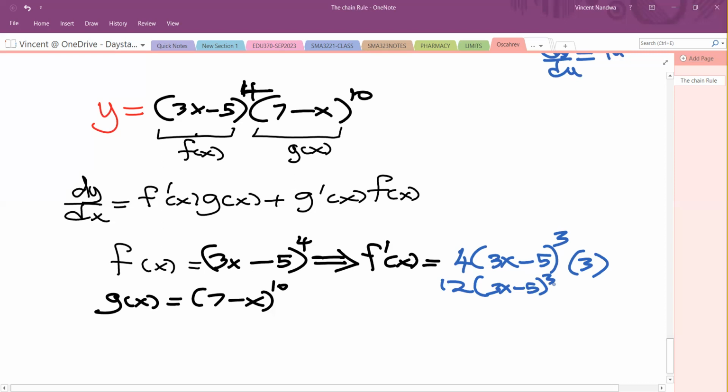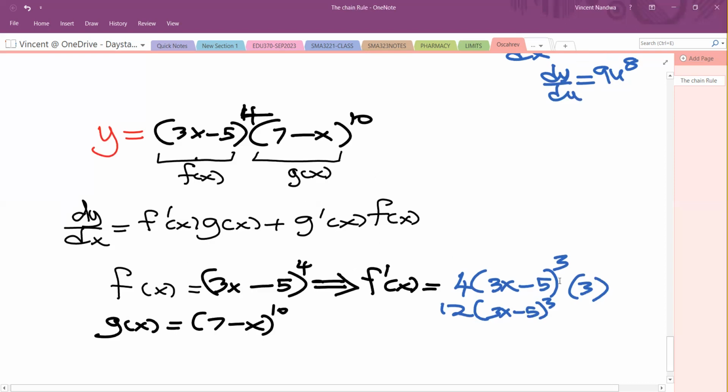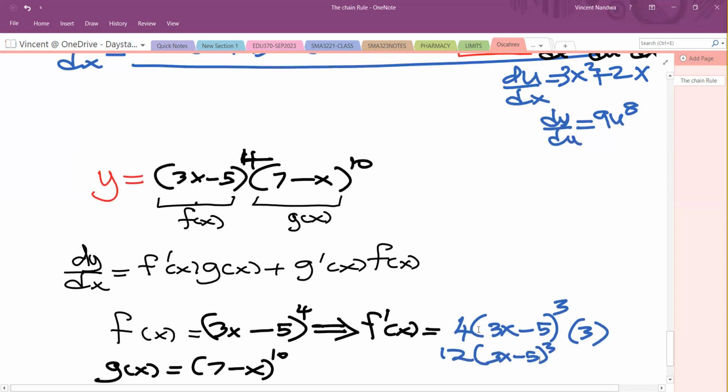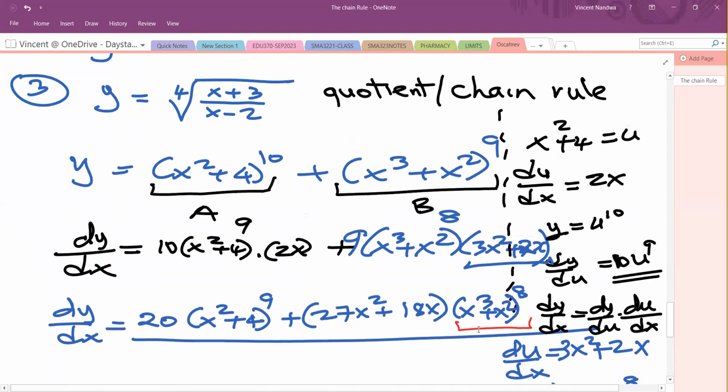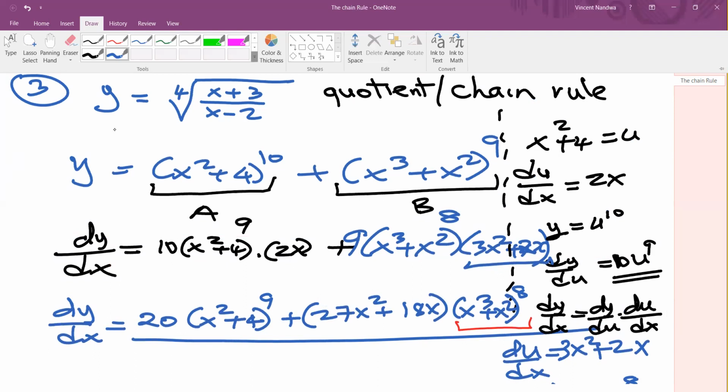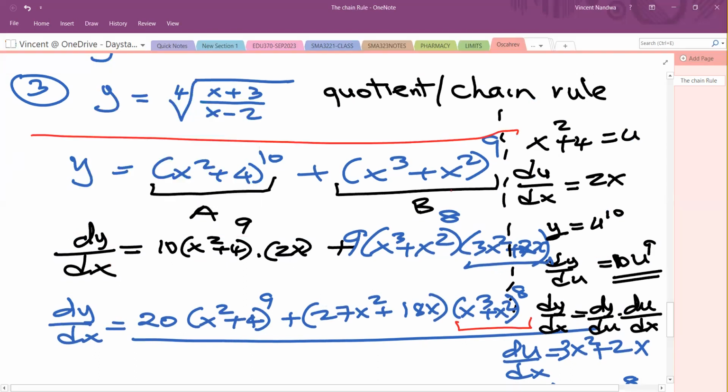Now you see, the more you do this several times, the more you see what is happening. Let me take you back to the previous question to see that we would have done the same thing. First we drop the 10, and then we have x squared plus 4, then the power reduces by 1, so you get 9 here, and then you differentiate what is inside, which gives 2x. So it's exactly the same thing.